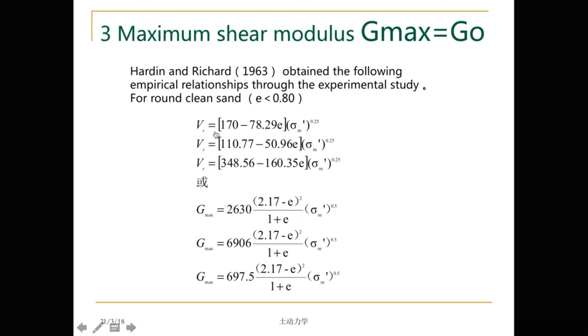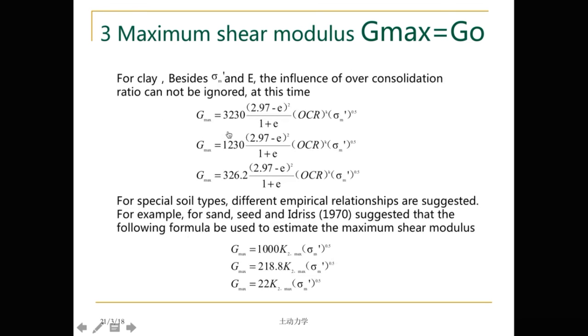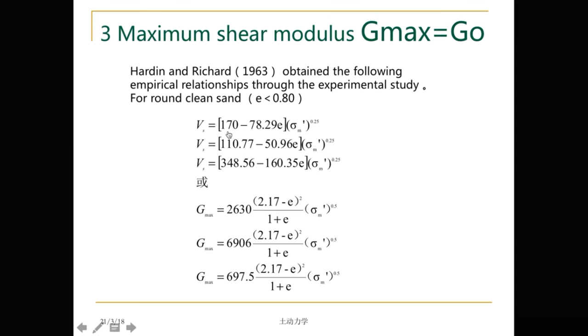Here we have three equations. Vs, the velocity of the S wave, is equal to 170 minus 78.29 times e, then times sigma m prime powered by 0.25.